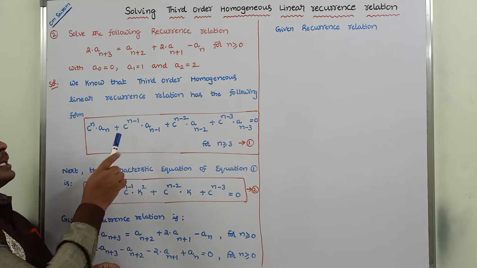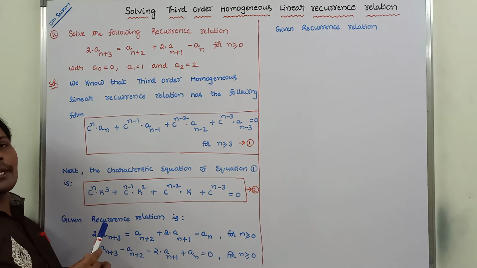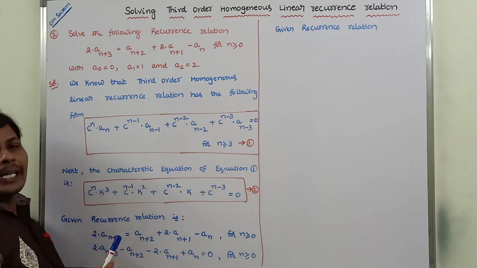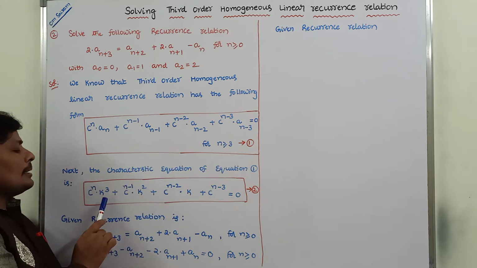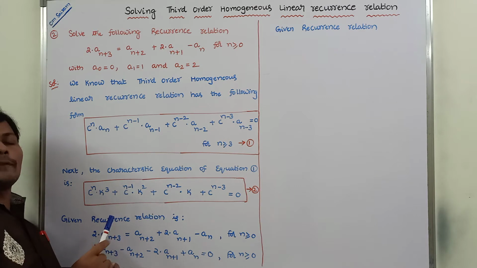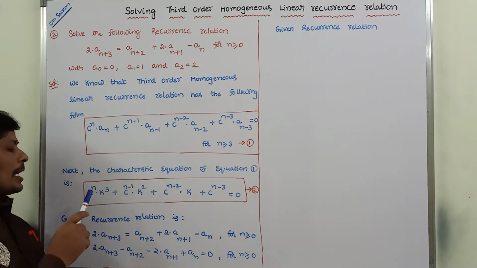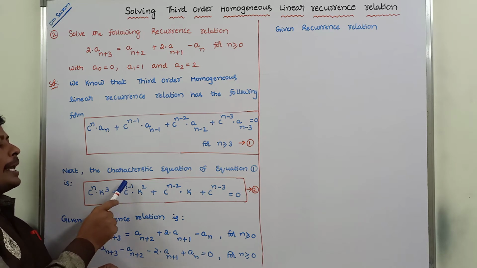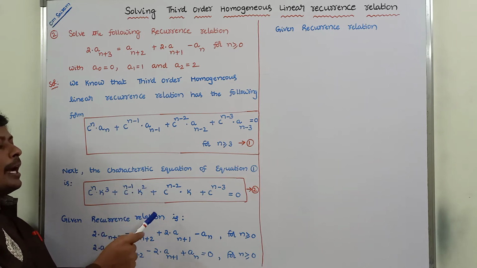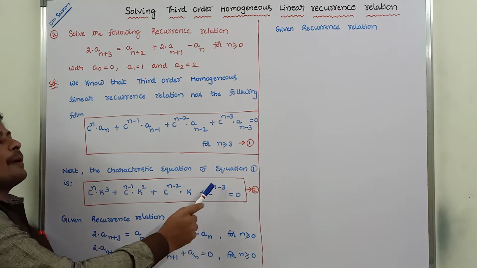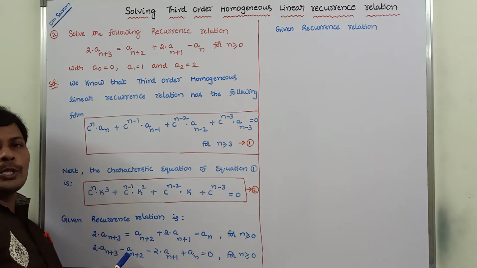Okay. Now what is the characteristic equation of the given general form of the recurrence relation 1? This is the characteristic equation of the general form of the given recurrence relation, that is c power n into k cube plus c power n minus 1 into k square plus c power n minus 2 into k plus c power n minus 3 is equal to 0.